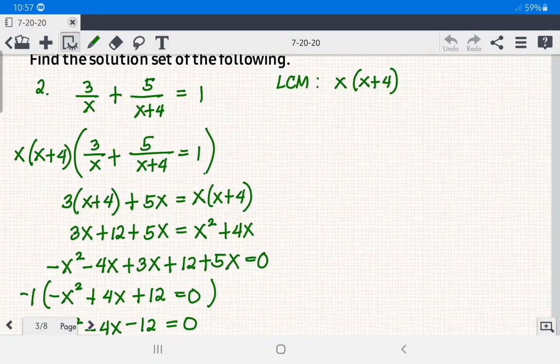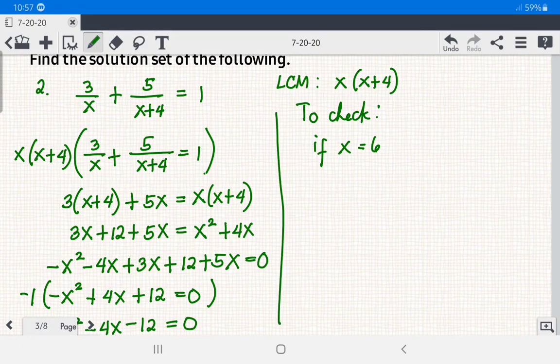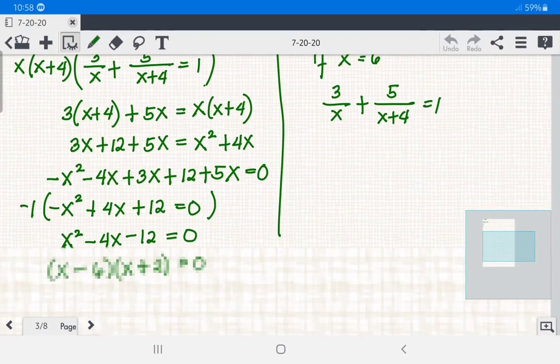So to check, if x is equal to positive 6, using the original equation, we have 3 over x plus 5 over x plus 4 equals 1.